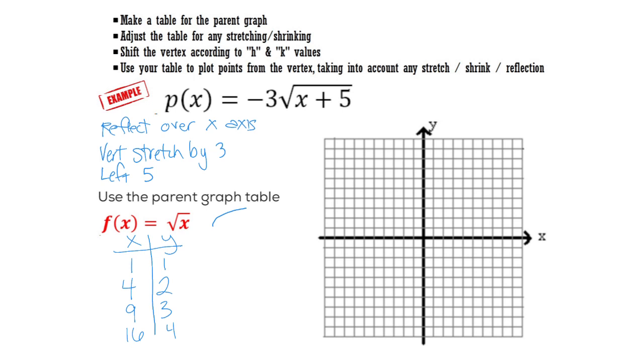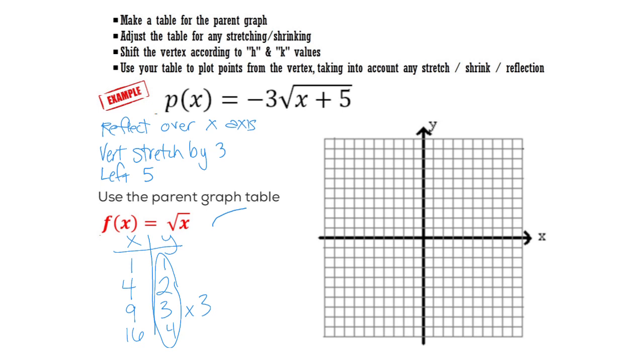The other thing that's going to happen is it's going to have a vertical stretch by 3. Since it's a vertical thing, it's going to affect all the y values here. So I'm thinking in my head, all right, all of the y values are going to be 3 times more than they used to be. So I'm going to take all of those times 3. And then I'm going to also need to have this thing go left 5.